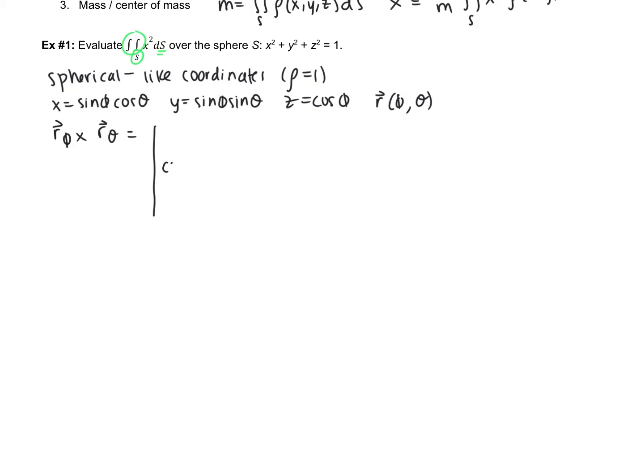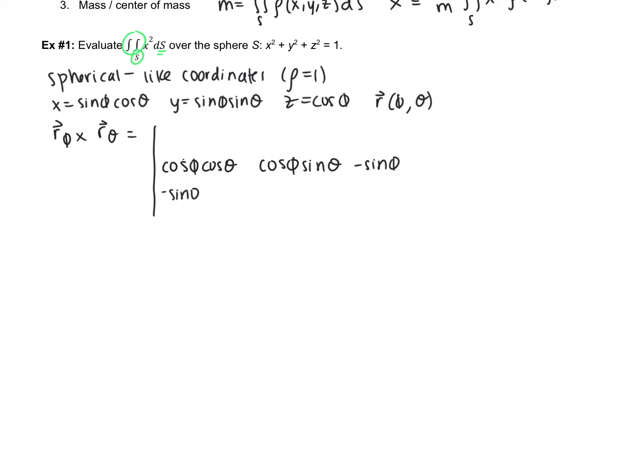When I do that, I get cosine of phi cosine of theta, and then I get cosine of phi sine of theta, and then I get negative sine of phi. Now I'm going to find r of theta, so I'm going to take the derivative with respect to theta of our parametric equations.